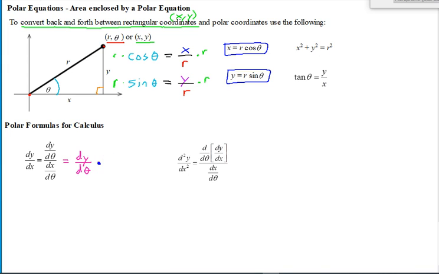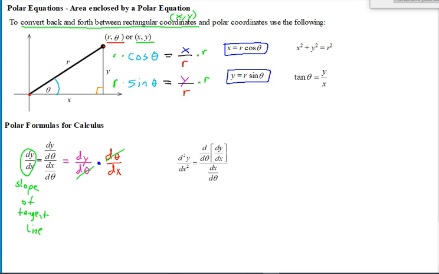So that's the same as d theta divided by dx. And then you can see the d thetas reduce out, giving you dy dx. And this dy dx still represents the slope of the tangent, just like it does for rectangular coordinates. It's just now you find it in a slightly different way because you have to find dy d theta and divide it by dx d theta.